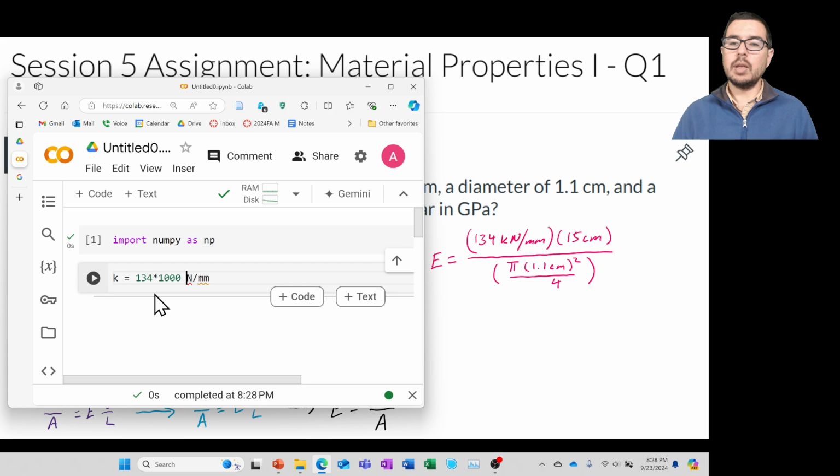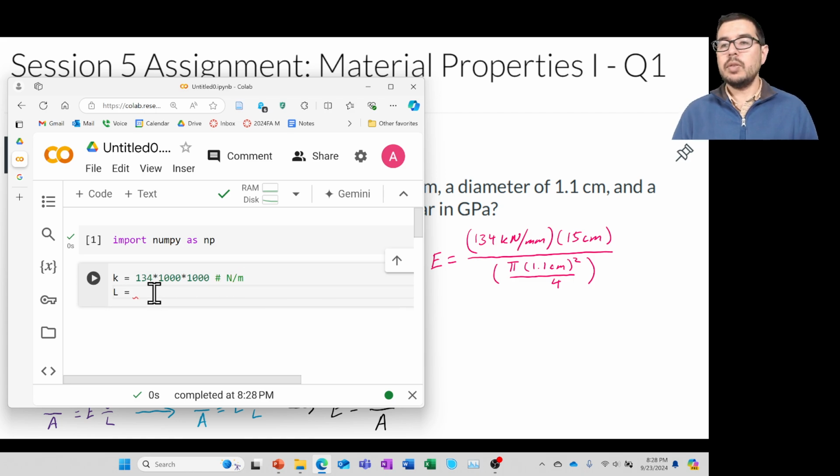So we'll say, okay, now we're in newtons. And we're going to say 1,000 millimeters are equal to 1 meter. And so we can do that as well, and we'll get that this expression for K will be in newtons per meter.